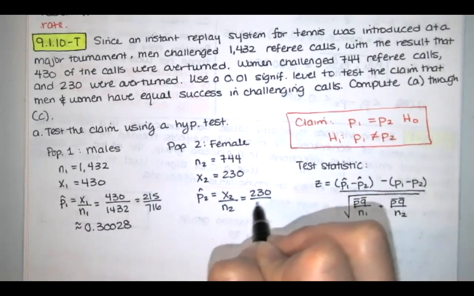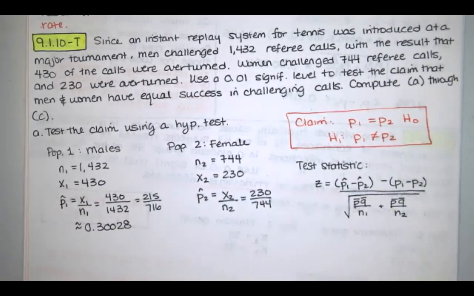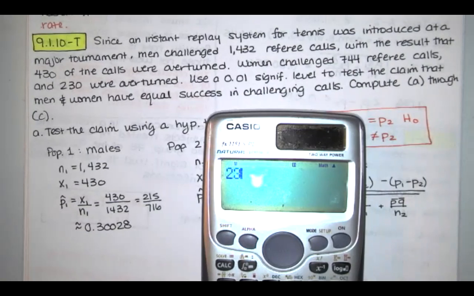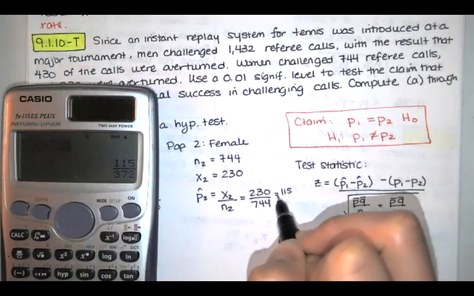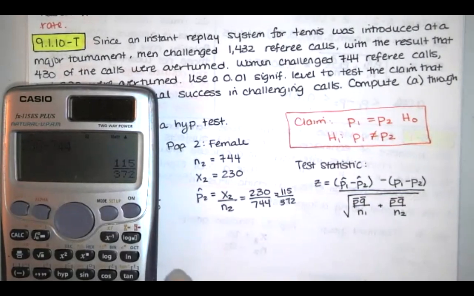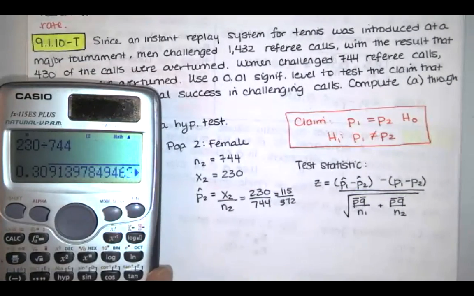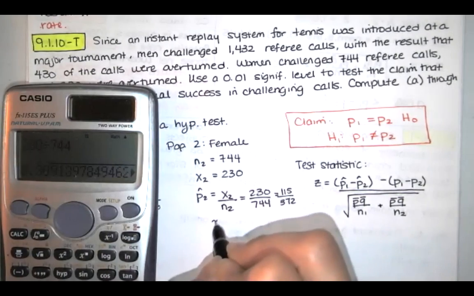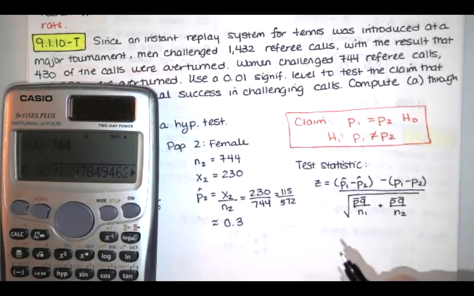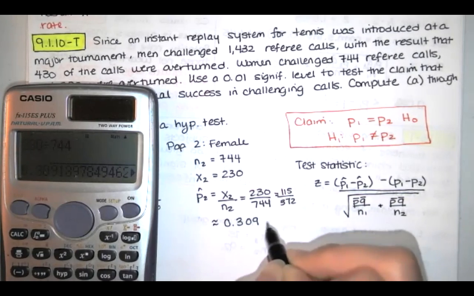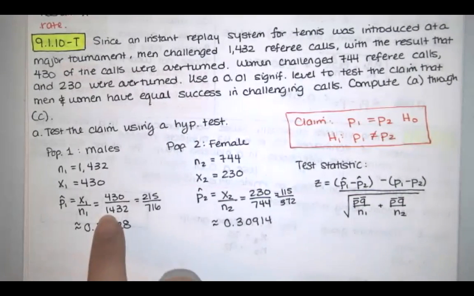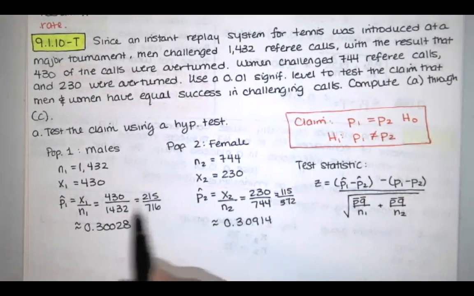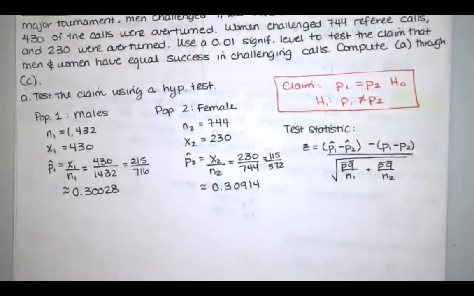So that's 230 over 744. So we get 115 out of 372, but we want a decimal approximation. If I round to 5 decimal places, I get approximately 0.30914.